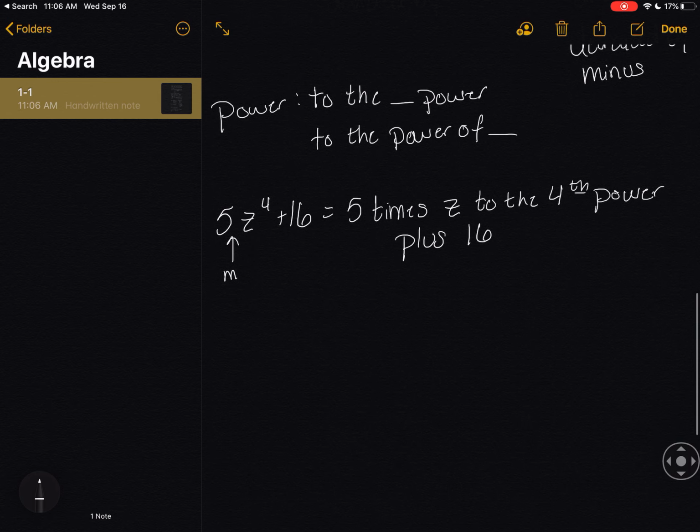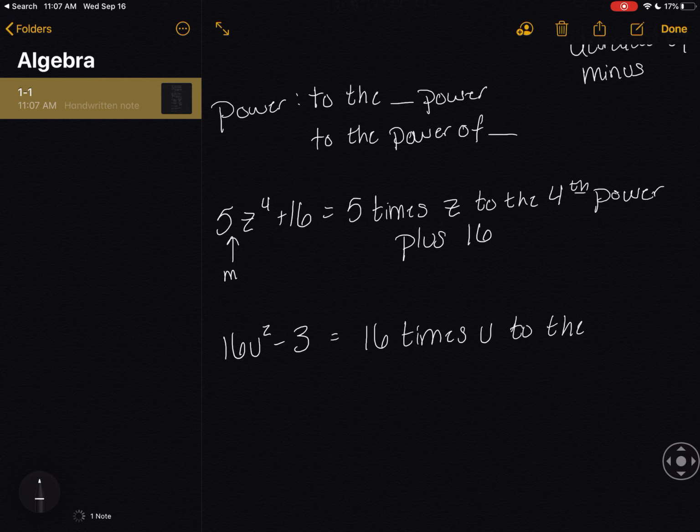So go ahead, try this one. And when you try that, you should then get this answer. You should get 16 times u, or any of those multiplication words, to the power, or any of the power phrases, of 2.